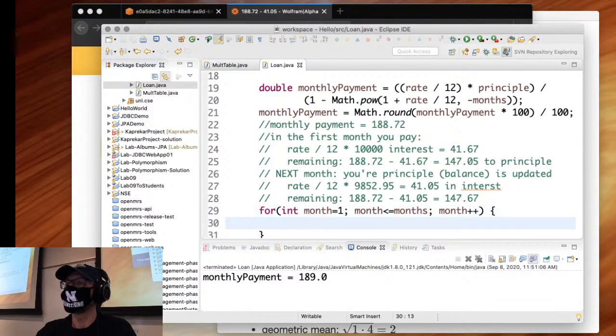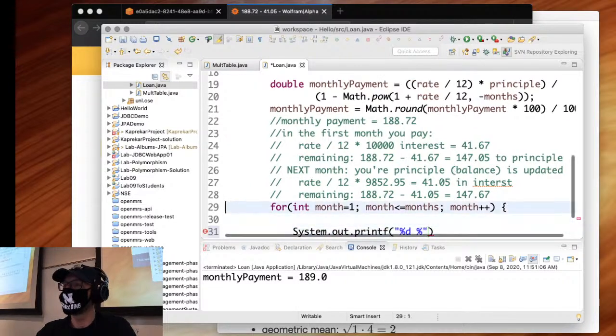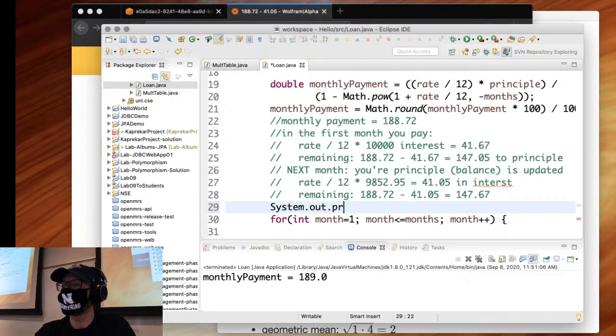Each time I want to print out the month, printf, the month, the amount that I'm going to pay to interest. Let me put it up here, system.out.println. I'm going to go month, interest. I'm building a table here.